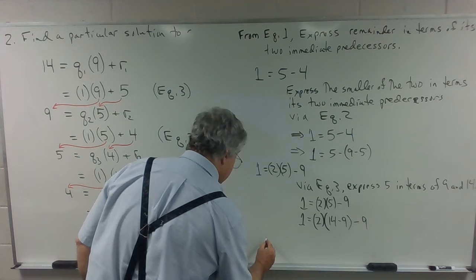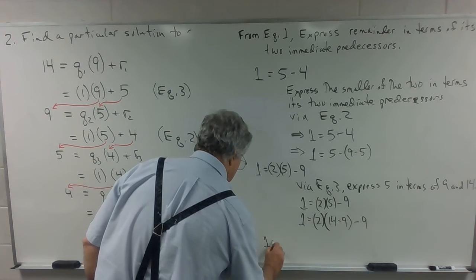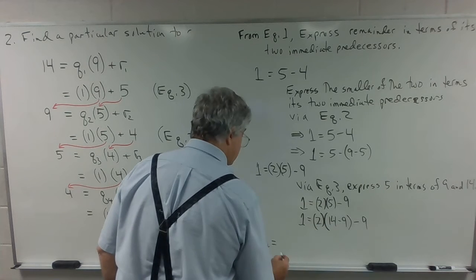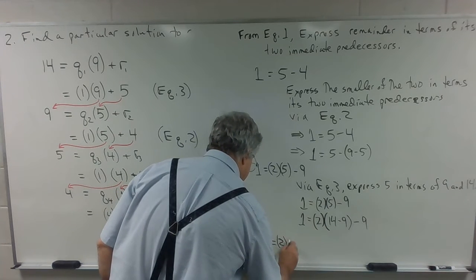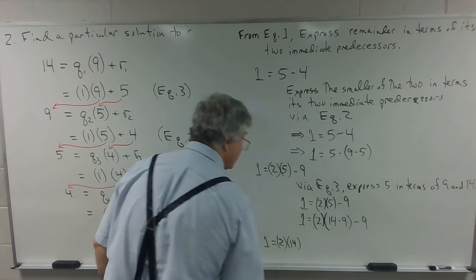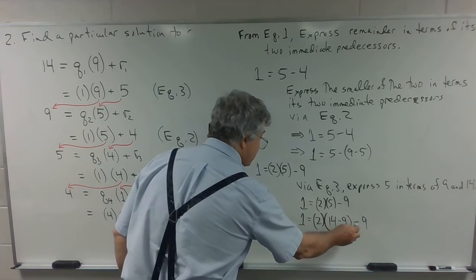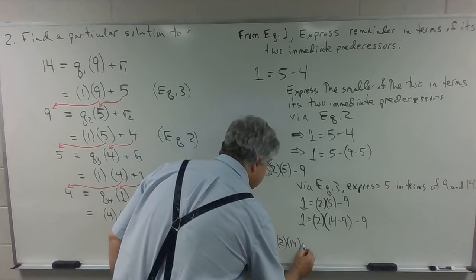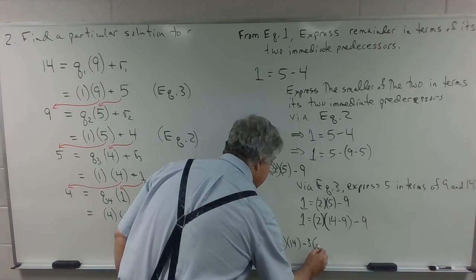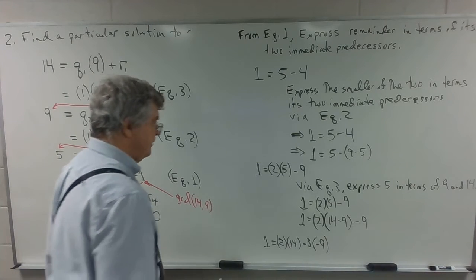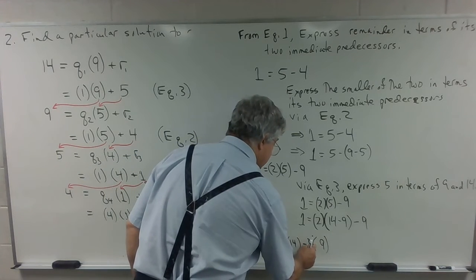And I'll simplify that. 1 equals 2 times 14 plus 2 times negative 9 minus another 9 is minus 3 times 9.